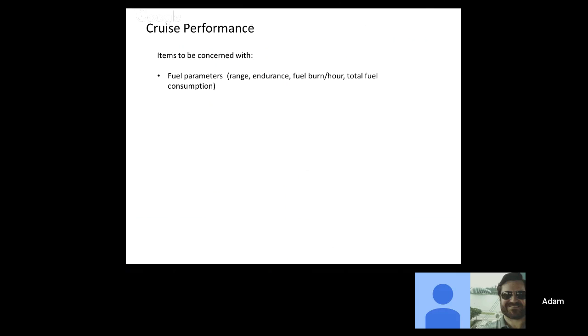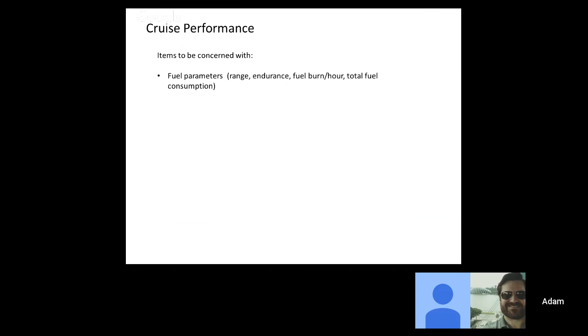Density altitude, of course, is a factor, but it's not as complex or dangerous as calculating takeoff distance, making sure you're clear of obstacles, etc. So in cruise, the big parameter that we're going to deal with is fuel. It's the phase of flight where most of your fuel is consumed.